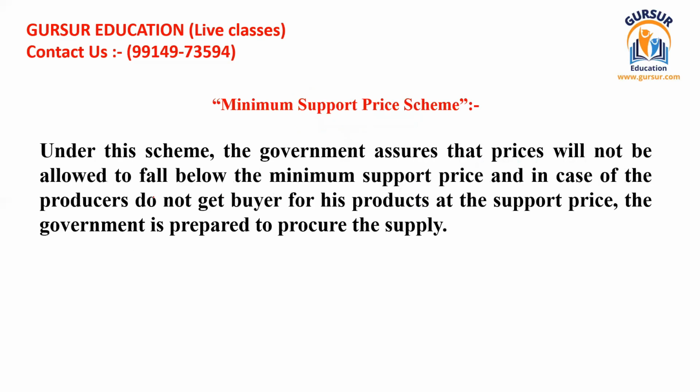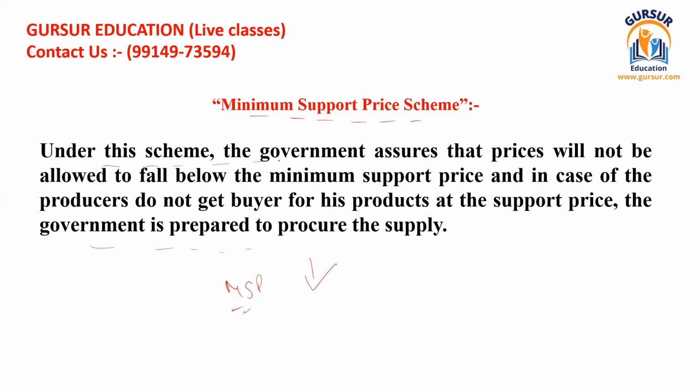Then there is the minimum support price, known as MSP. For some products, there is a minimum support price. This is the price below which the product is not going to be sold in the market. And if the price falls below it, then the government shall purchase from the farmers.